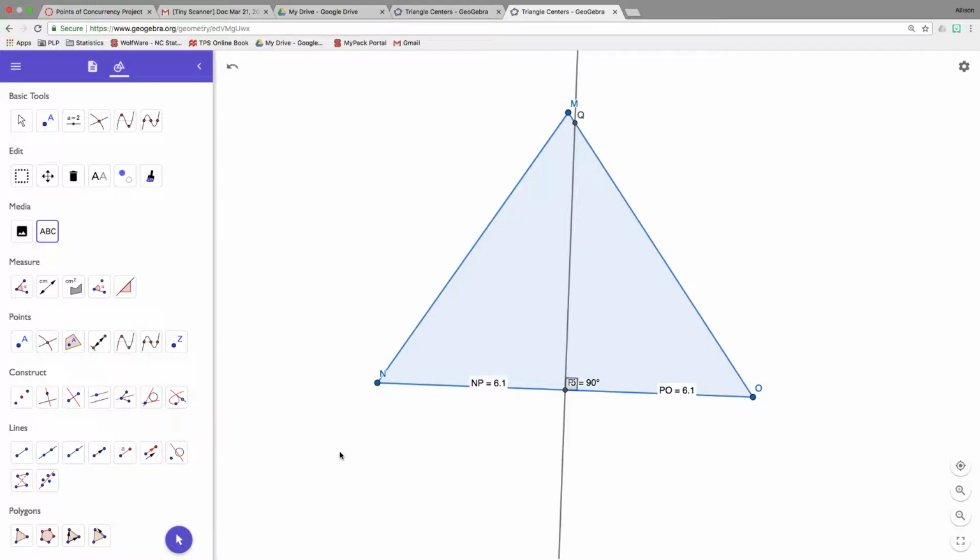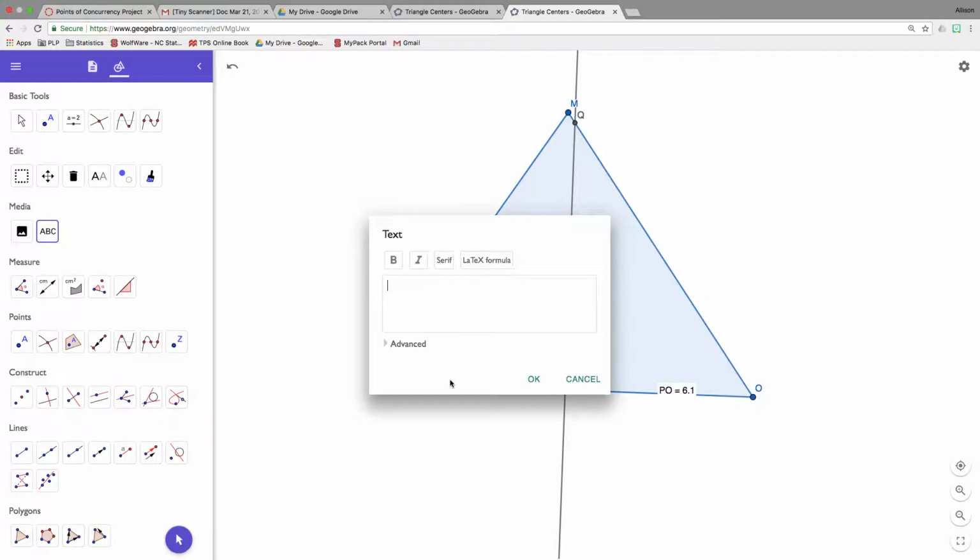Okay. So let's do our notes. What is a perpendicular bisector?